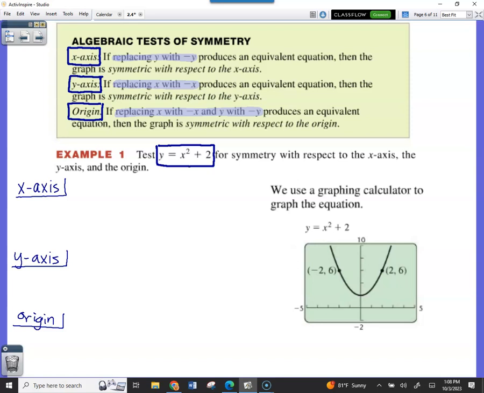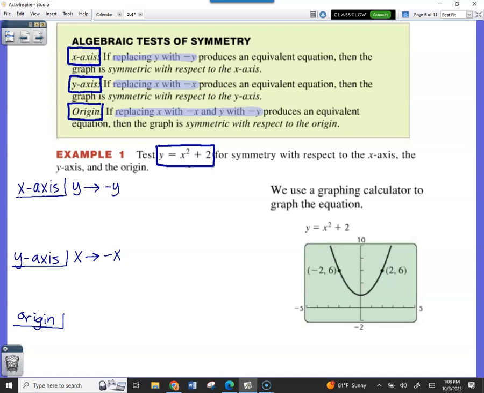Okay, they are a little backwards. Like if I'm testing for symmetry over the x, I'm taking y and replacing it with negative y. If I'm testing symmetry over the y, I'm taking x and replacing it with negative x.